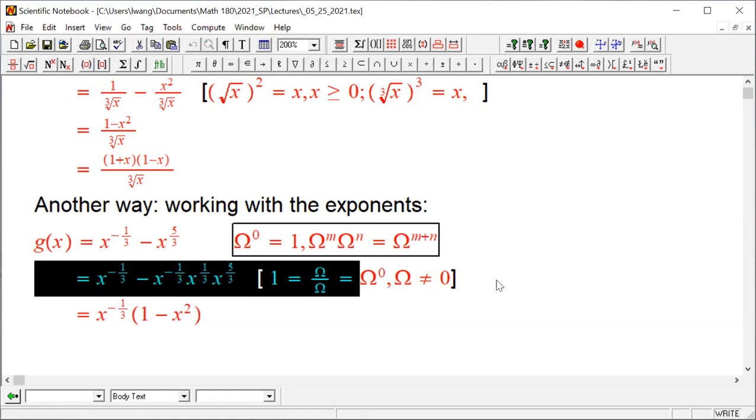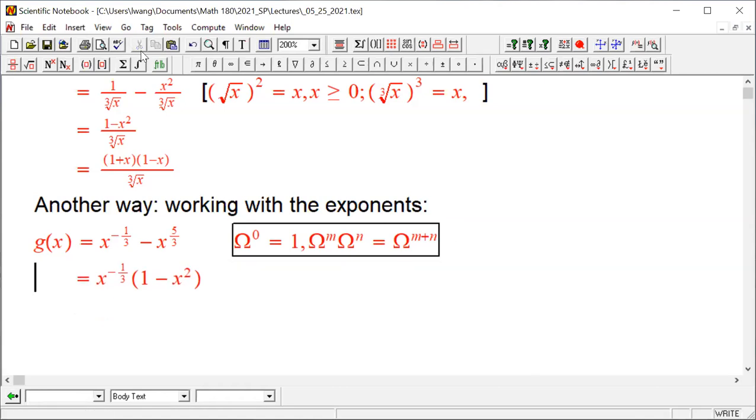A typical textbook will just write it this way. If you see similar things done in a textbook, that's usually what they show you. Because a textbook, they cannot afford to show you every little detail.